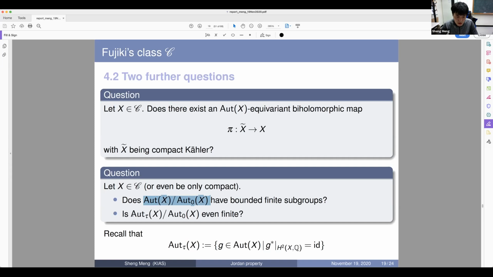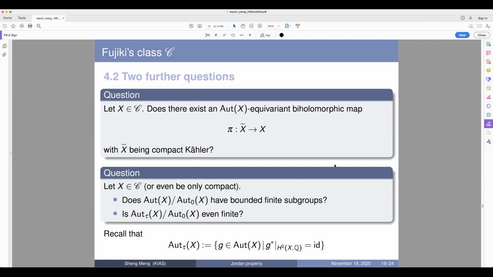By Lieberman or Fujiki, this group is even finite if X admits a Kähler form, but we don't know whether it is true for Fujiki's class. An affirmative answer to either of the two questions can give an alternative simple proof of our main result.